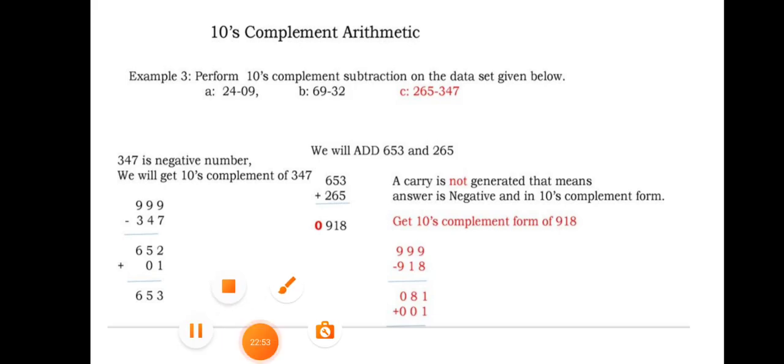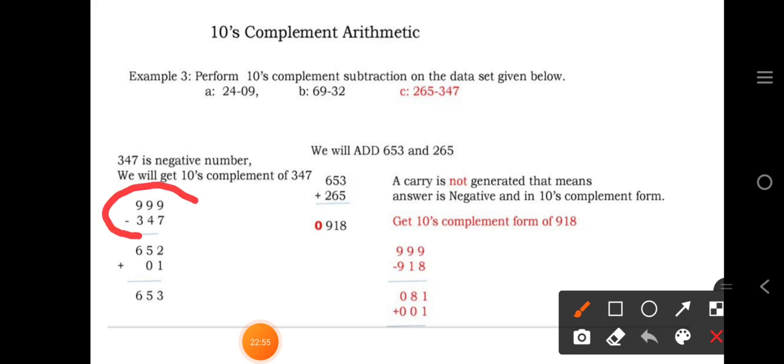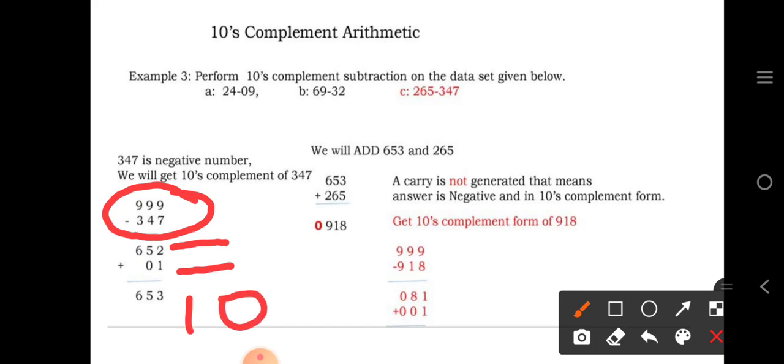For that purpose, first we take the 9's complement by subtracting 347 from 999. We will get 652 as the answer. This is the 9's complement. Now we add 1 to the 9's complement to get the 10's complement. So 653 is the 10's complement of 347.